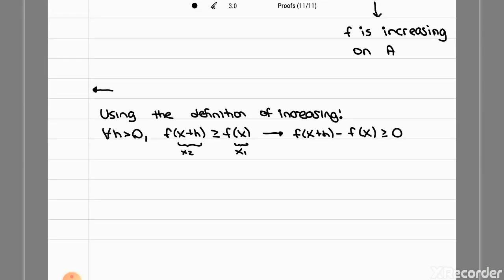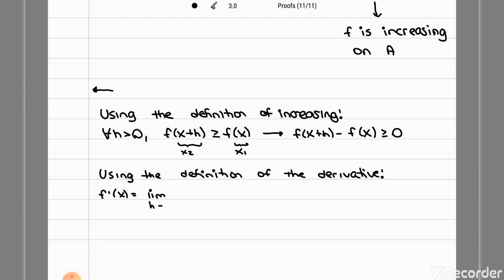So if we then apply the definition of the derivative, that one says that the derivative is equal to the limit of the difference quotient.